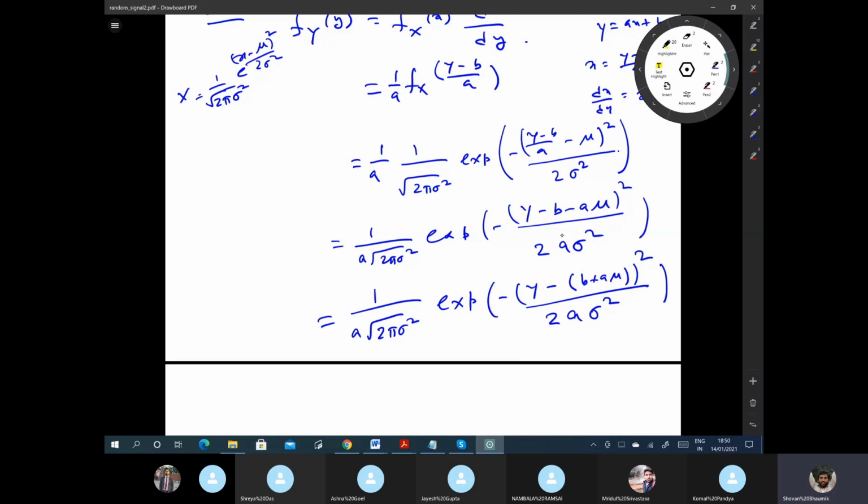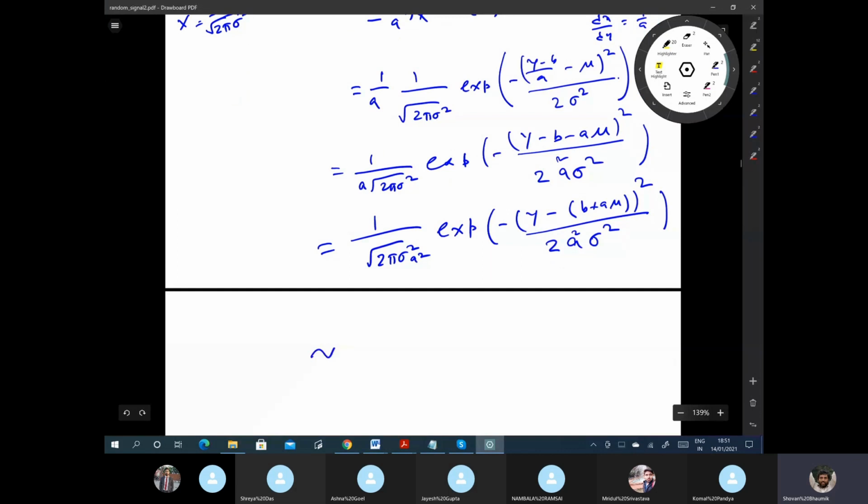Maybe a square it will be. Then we can go inside. Okay, then what are we getting? We are getting another random variable with mean b plus a mu and variance a square sigma square.